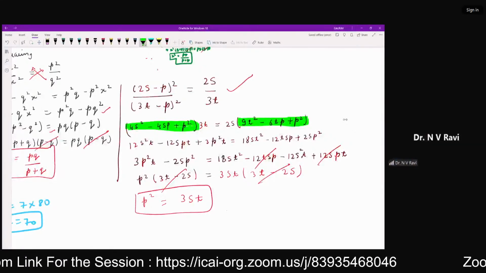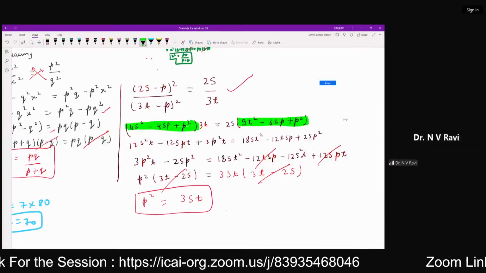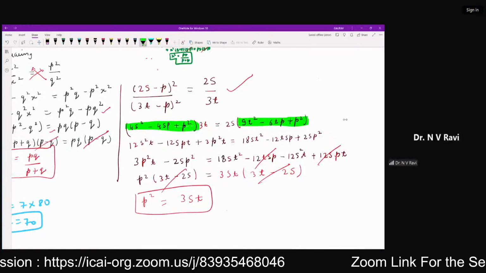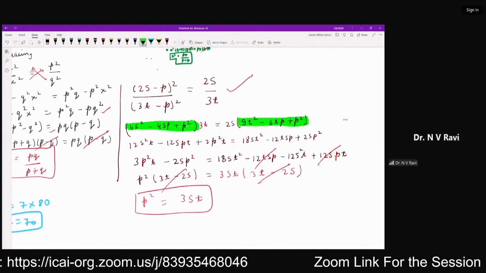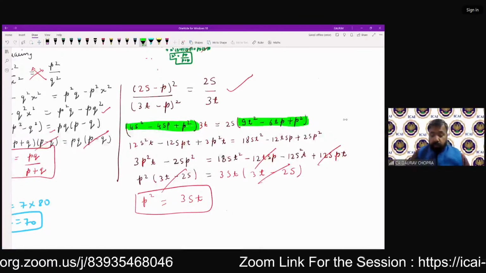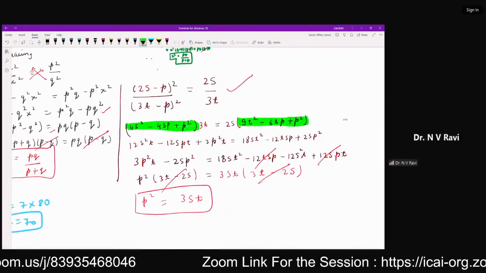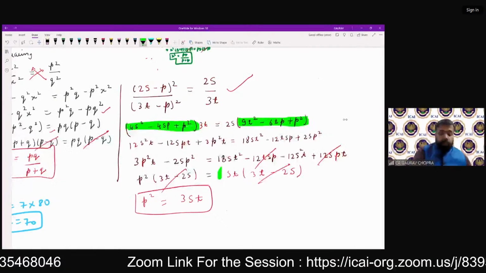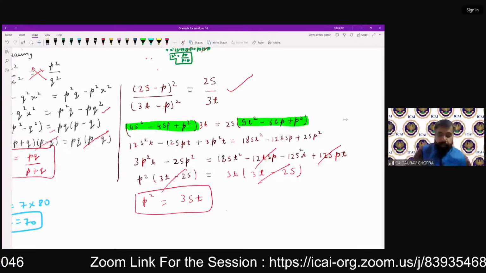As soon as you multiplied, we have 6st. Yes sir, 6 will be the common.